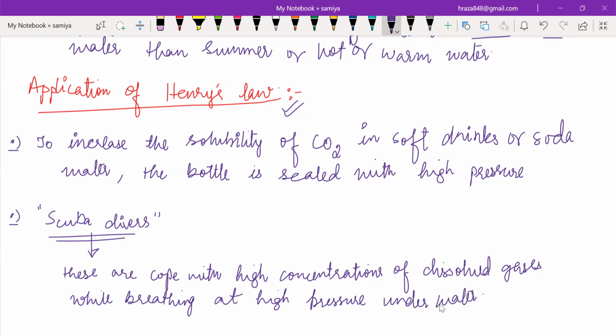So basically this increased pressure increases the solubility of atmospheric gases in blood.